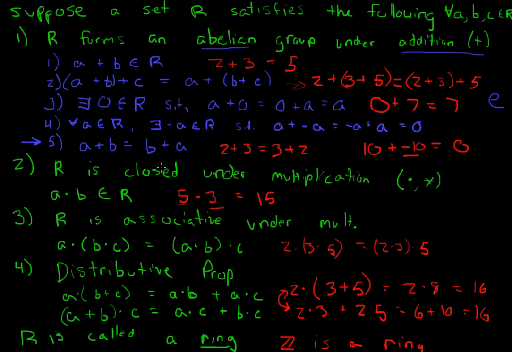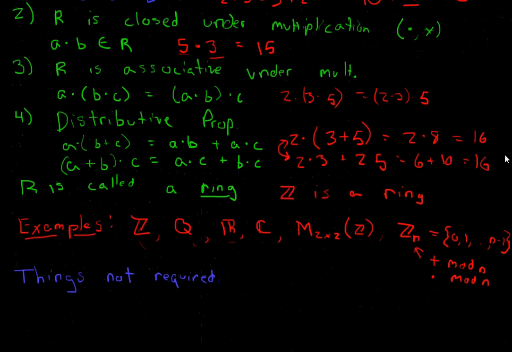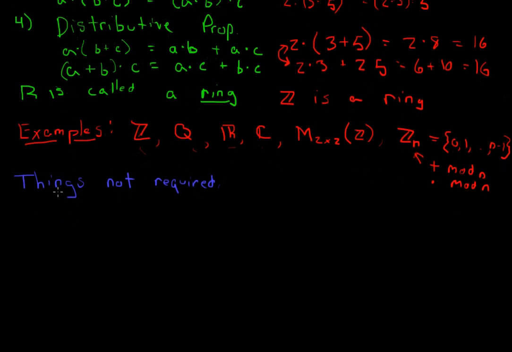Nowhere in here did I say that multiplication is commutative. So if you have a ring, it does not need to be commutative under multiplication.